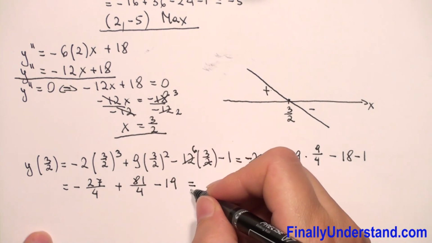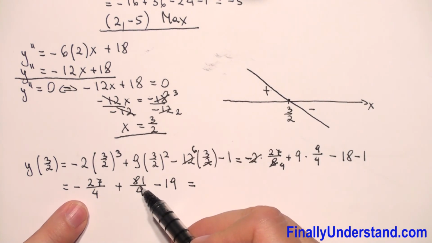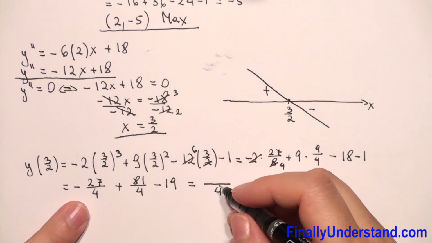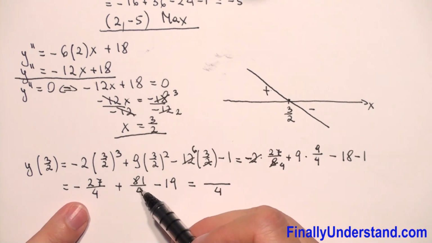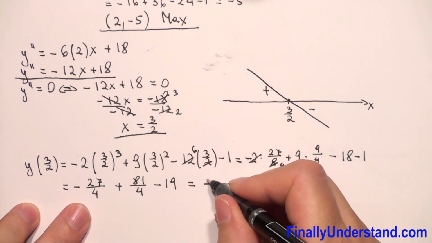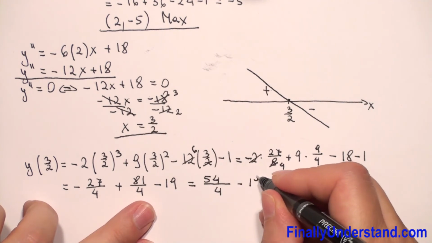Negative 27 plus 81 is 54 over 4 minus 19.